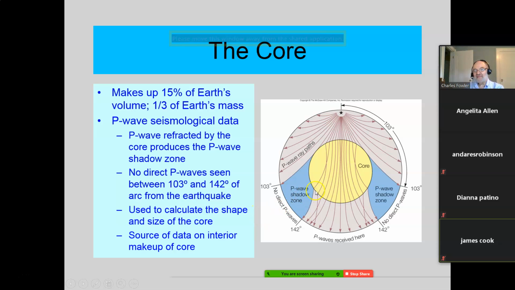The fact that the waves act like this is indication that has to be how the core is formed and made. The amount of bending depends on density, so they can use that to approximate those data too. It's amazing what they can get out of just a little bit of data.